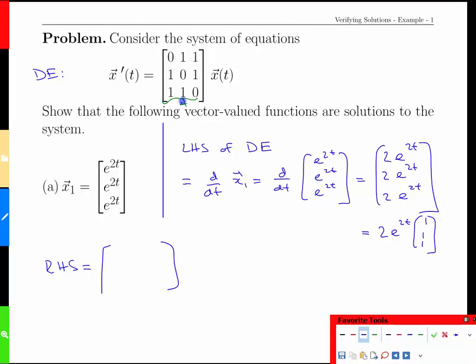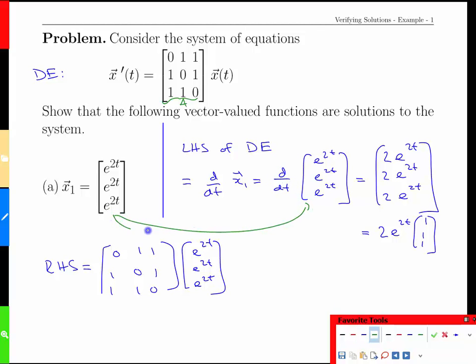Looking at the right-hand side, we have our matrix 0, 1, 1, 1, 0, 1, 1, 1, 0, times x of t, which we just said was e to the 2t, e to the 2t, and e to the 2t. So we're plugging this solution into here, then taking the derivative. We're also plugging it into here on the right-hand side. And if we do our matrix multiplication, we're going to end up with, on the first row, e to the 2t plus e to the 2t.